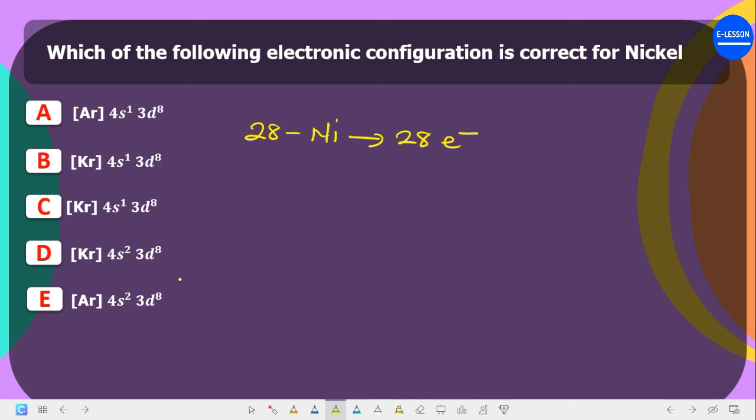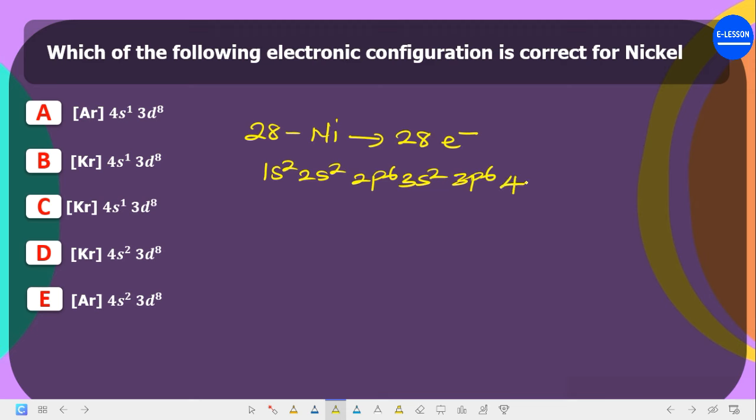What will the electronic configuration be? 1s2, 2s2, 2p6, 3s2, 3p6. That is how many now? 2 plus 2, 4, 10, 12, 18.